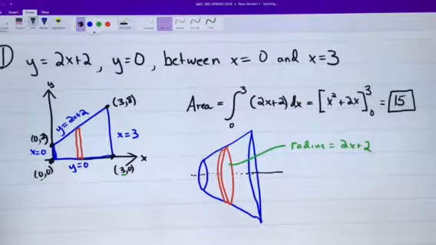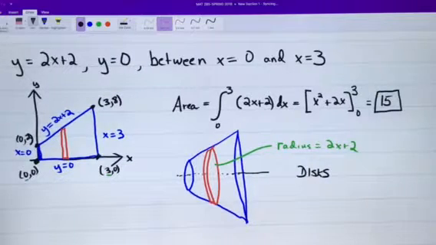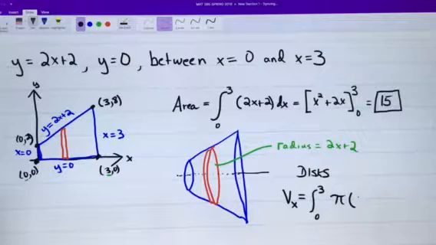And now, in utilizing the method of disks, we're going to have for the volume generated about the x-axis, going from x is equal to 0 to x is equal to 3, pi times the square of the radius.